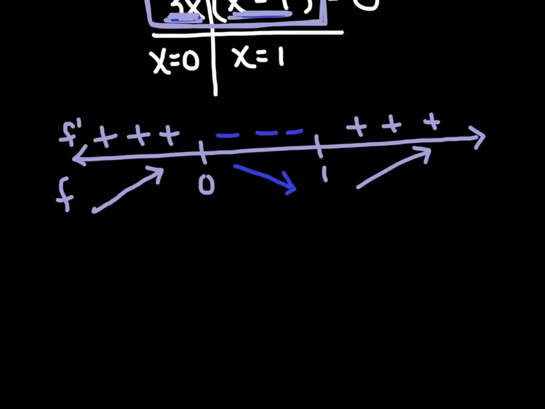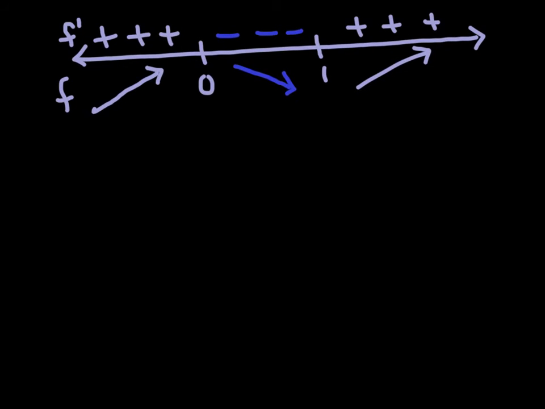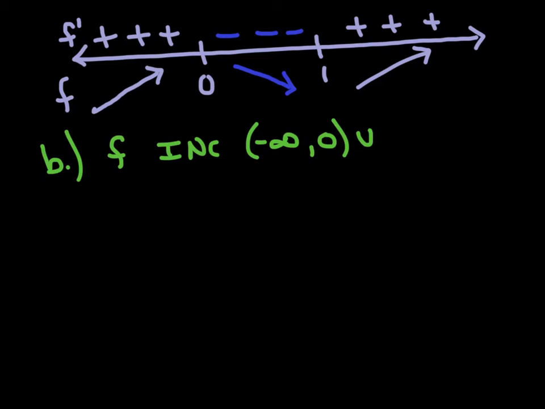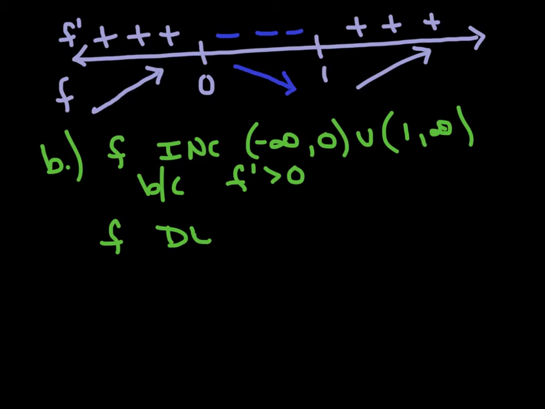So here's how I would answer part B. I would say f is increasing from negative infinity to 0 and from 1 to infinity because f prime is positive. And f is decreasing from 0 to 1 because f prime is negative.